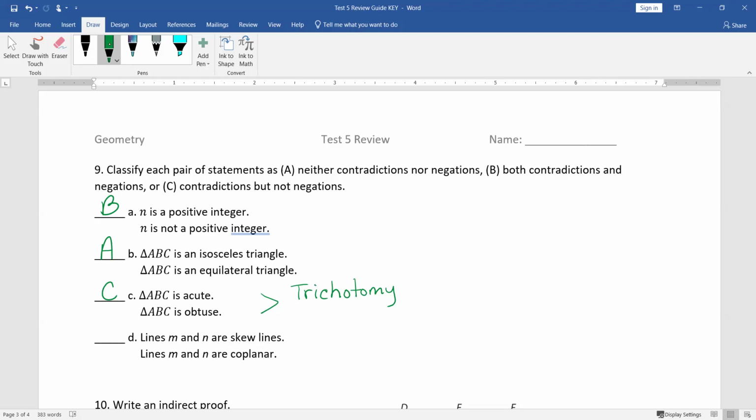So you see we have an either or option. We have 1 or 2. So that's why this one is both a contradiction and a negation. To say that 2 lines are skew lines, literally by the definition means they cannot be coplanar. They do not intersect because they are not coplanar. So this would be a B. It is both a contradiction and a negation.